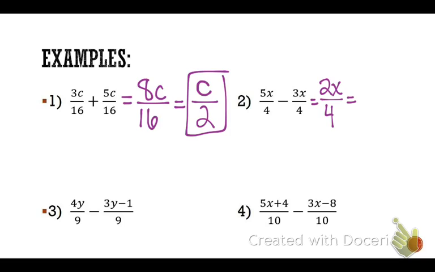Yes, but now when we reduce, our denominator is going to change. So we end up with x over 2. So when we do the adding or subtracting step, we're keeping our denominator. But if you end up simplifying, then your denominator would change. If you have to simplify the numerator, it's got to simplify with the denominator at the same time.